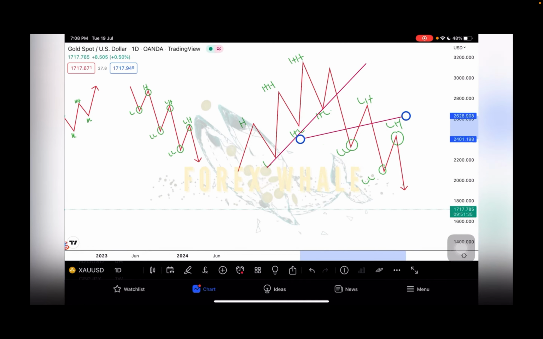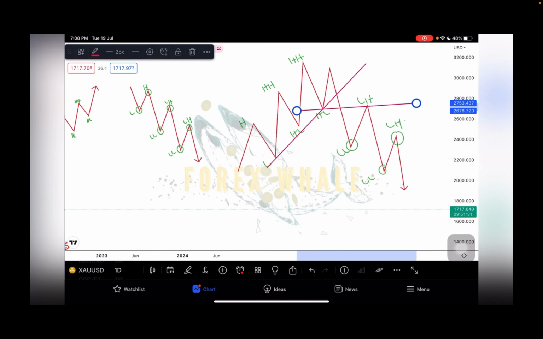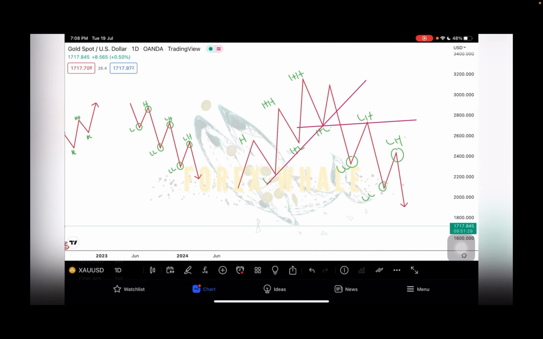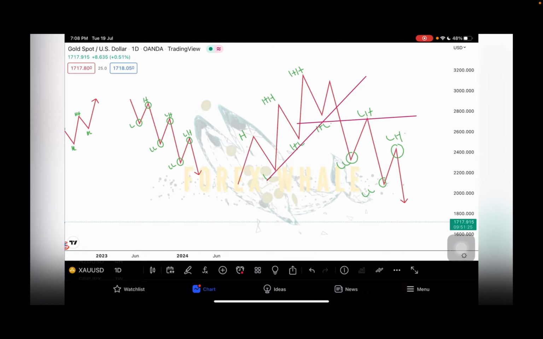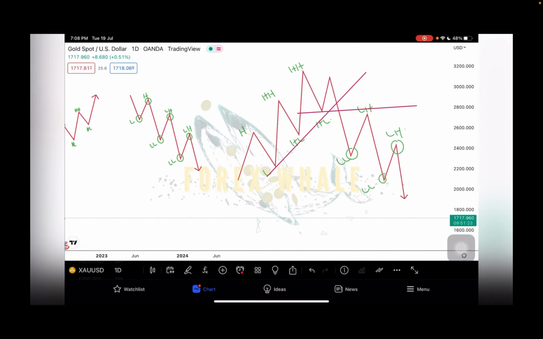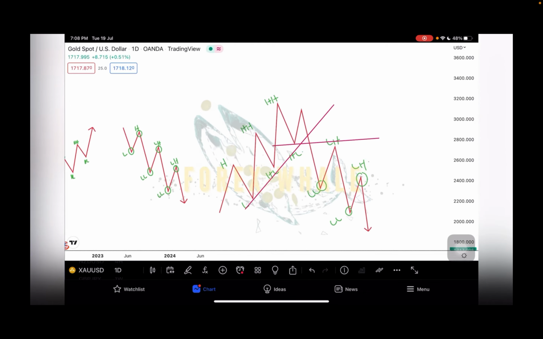Okay, so once you see that price has already broken the previous higher low, let's just focus, stay with me. Once price has broken this higher low and created this lower low, know that you can always look for a sell opportunity here.